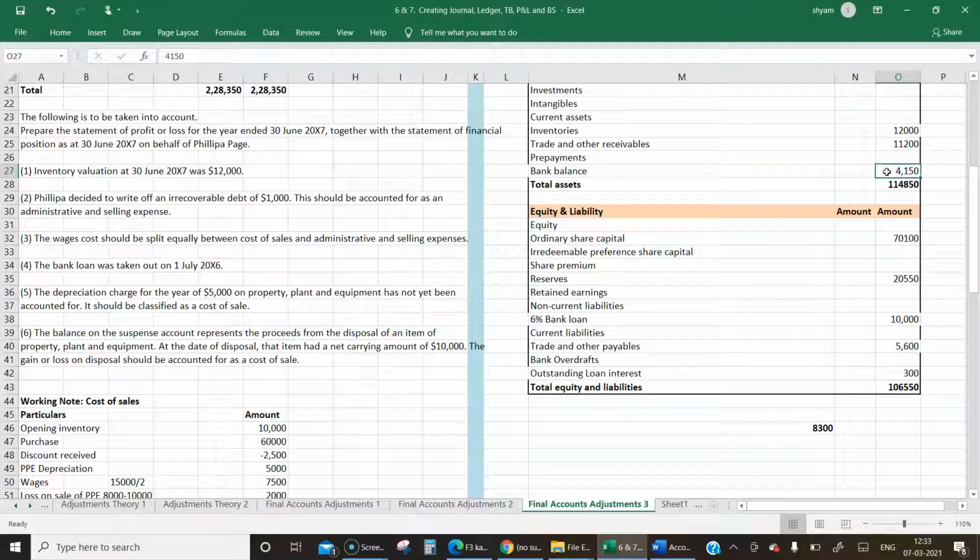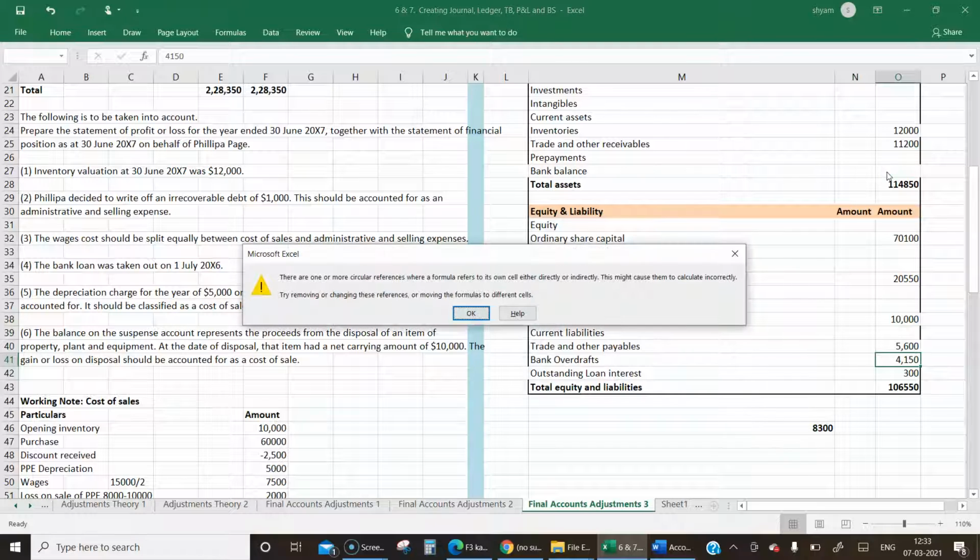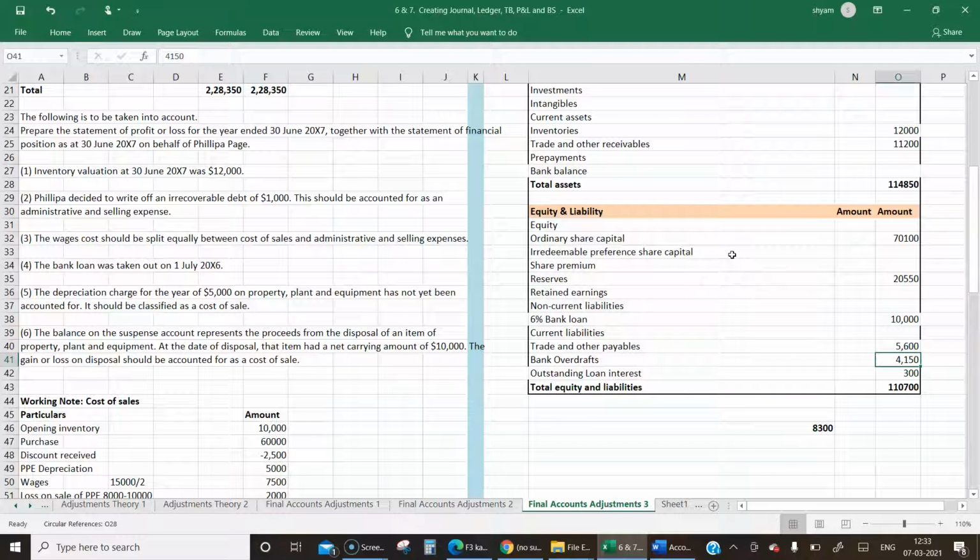So let's check. Bank overdraft is 4,150. Now it's balancing.